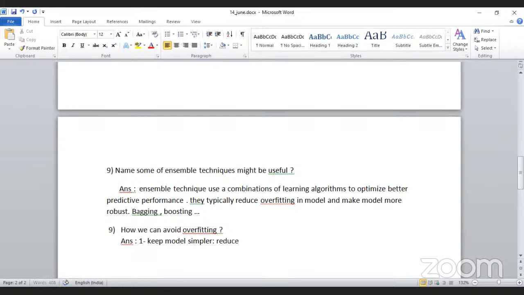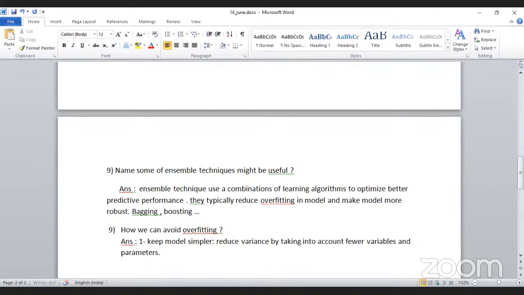We can reduce variance by taking into account fewer variables and parameters.